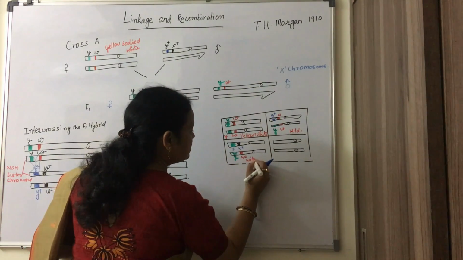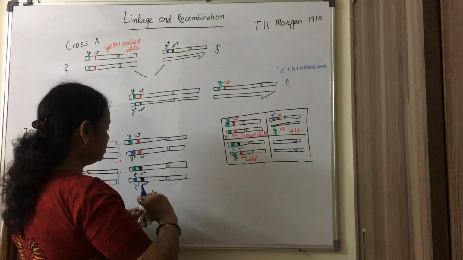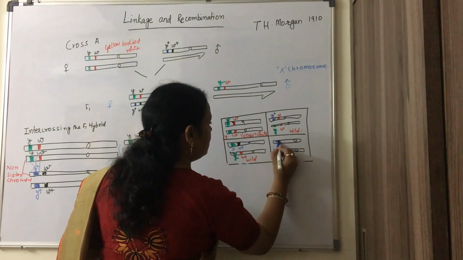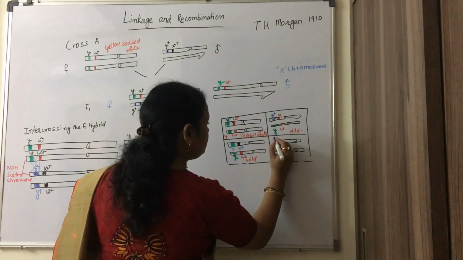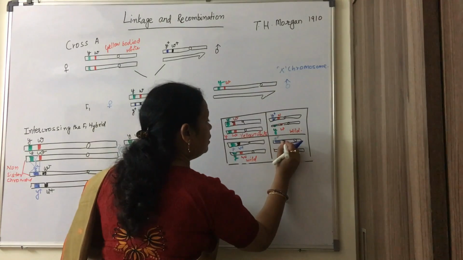So we can say it is a wild character, that is red eyed. Now the fourth chromatid has Y plus and W plus.